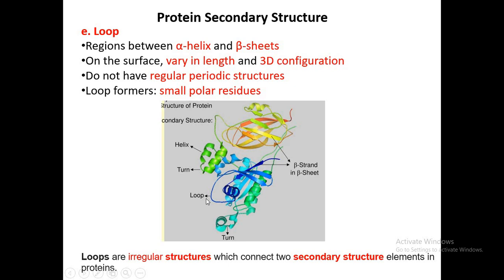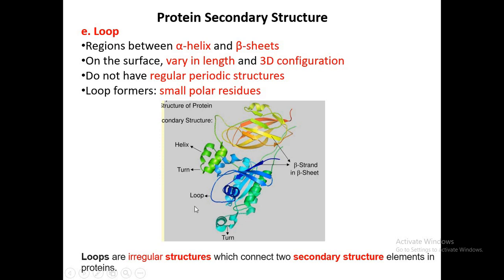So a loop is irregular and can be found joining two secondary structures. It could be formed in the middle of a beta strand or between two beta strands, or it can be found joining one alpha helix with a beta strand, or one beta pleated sheet with an alpha helix.